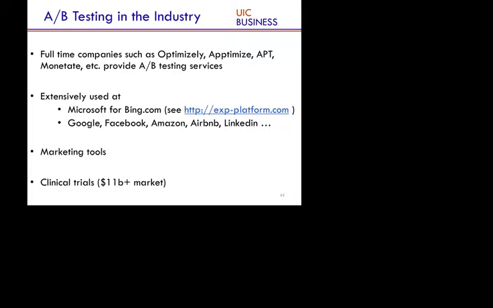I think for Microsoft's Bing.com, they run about, from what I remember, 300 tests per week. Whatever is their population of people who go to Bing.com and do some search, almost the entire cohort is broken down into many chunks.